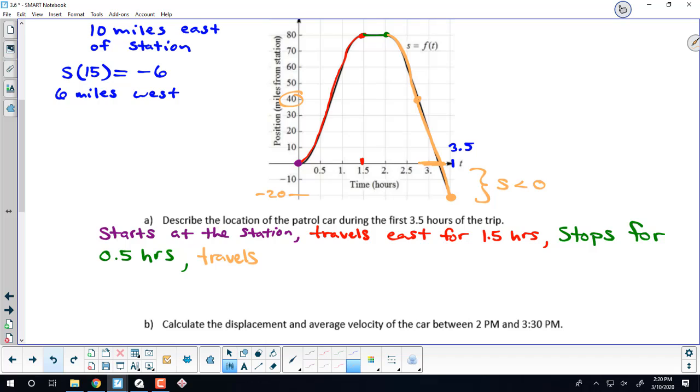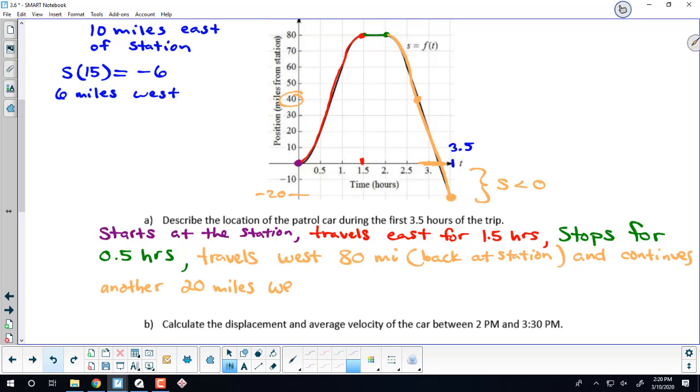So they travel back to the station, which is west. That's 80 miles, which puts them back at the station. And they continue another 20 miles west of the station.